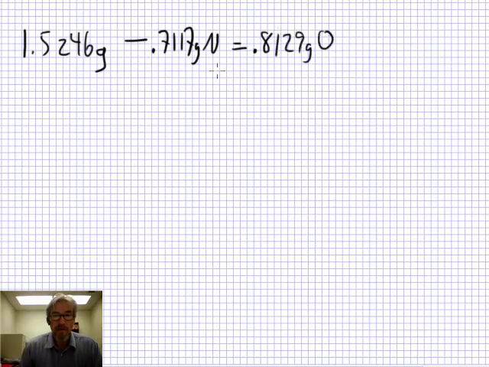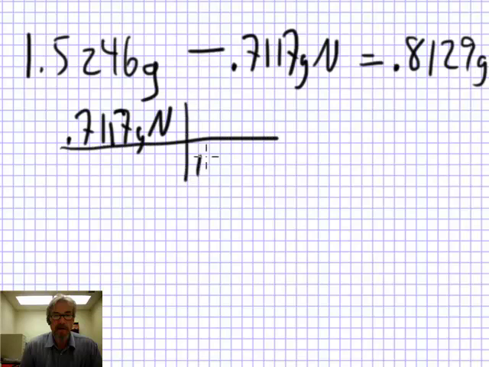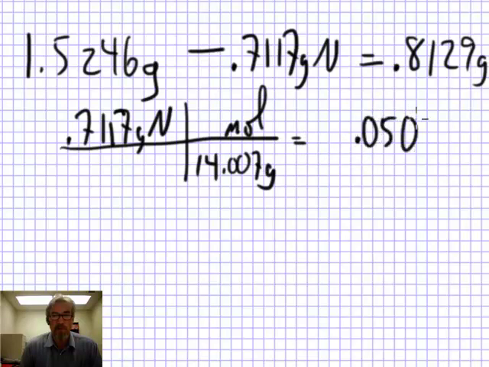Now our first job is we have to turn all the mass quantities into mole quantities. So I'll take my 0.7117 grams of nitrogen, and I'll change that into moles of nitrogen by using nitrogen's molar mass, which is 14.007 grams per mole. This works out to 0.05081 moles of nitrogen.